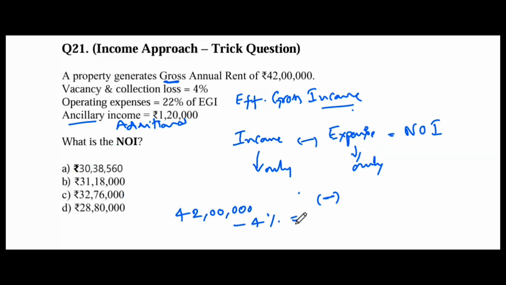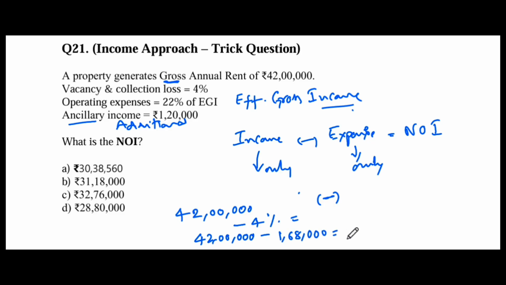So after deducting 4% from the 42 lakhs, we get 42 lakhs minus 1,68,000.